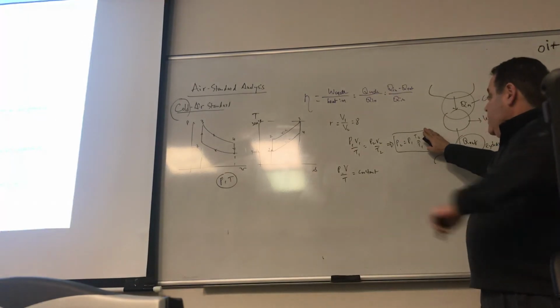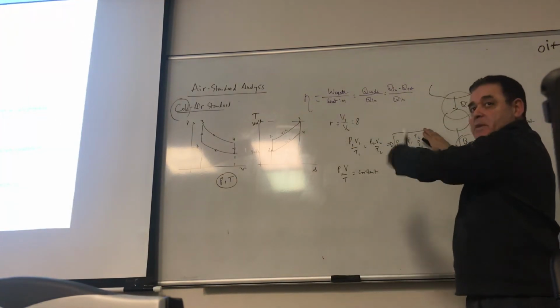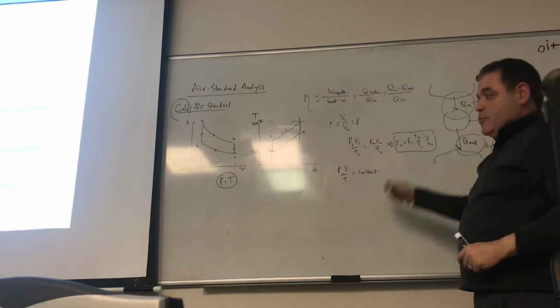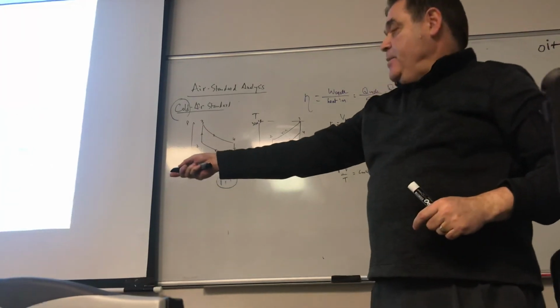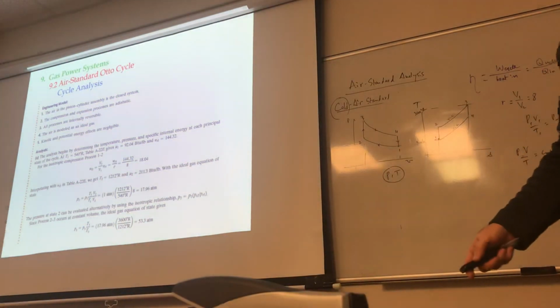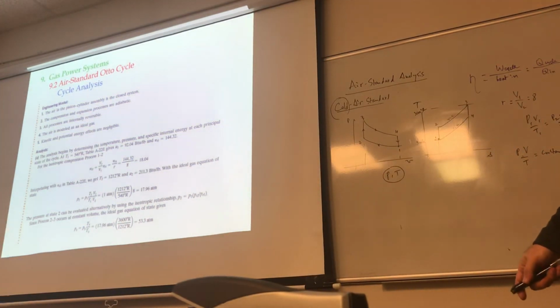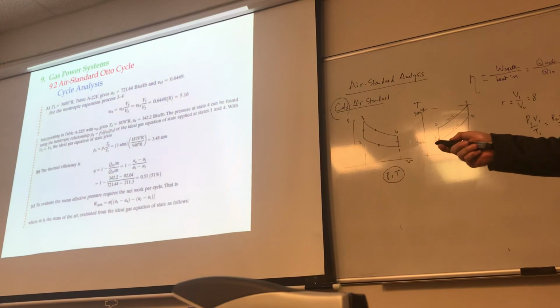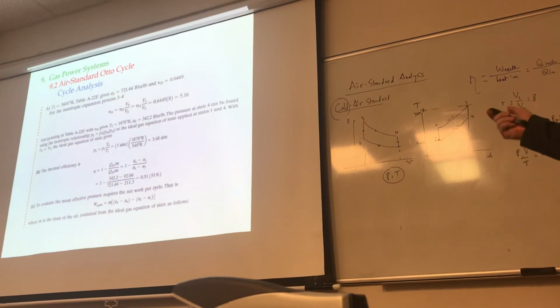So the following P would be the previous P multiplied by the temperature ratio. See? P3 is equal to P2 times T3 over T2, which happens to be 53.3. And the temperature at T3 is given because that's the maximum temperature of the cycle. So for that, no big deal.